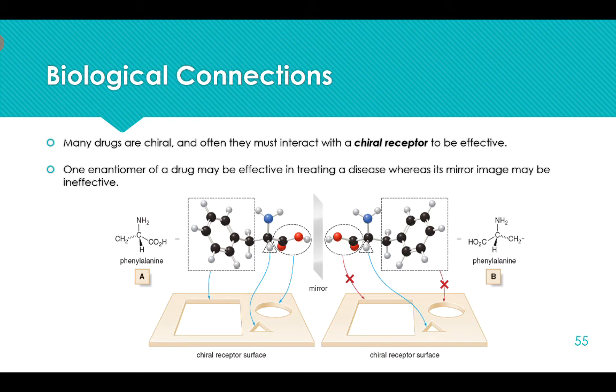Because your body does have very selective receptors, it would accept one enantiomer of this molecule but not the other. So one drug might be actually beneficial and working, and another enantiomer of that same drug would be toxic. So we have to be careful to pay attention to which enantiomer we're using, because your body will respond to these different enantiomers in different ways.